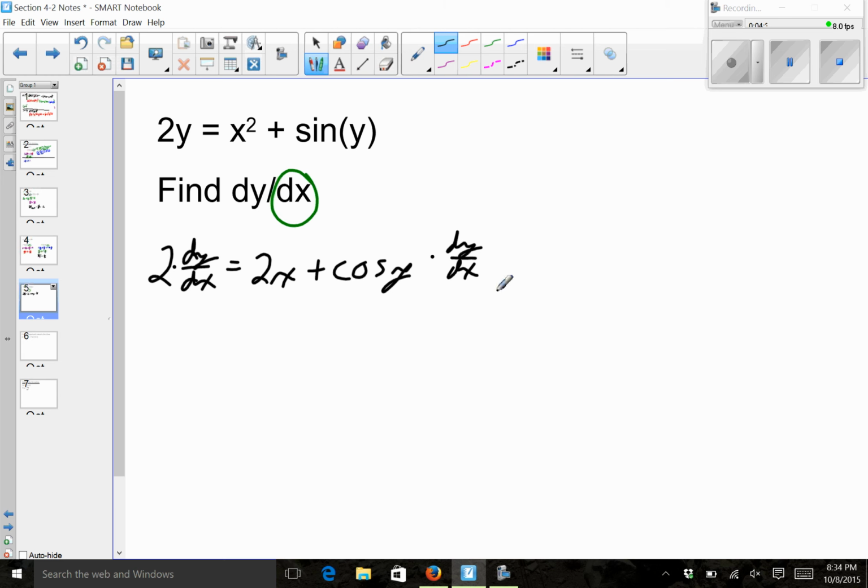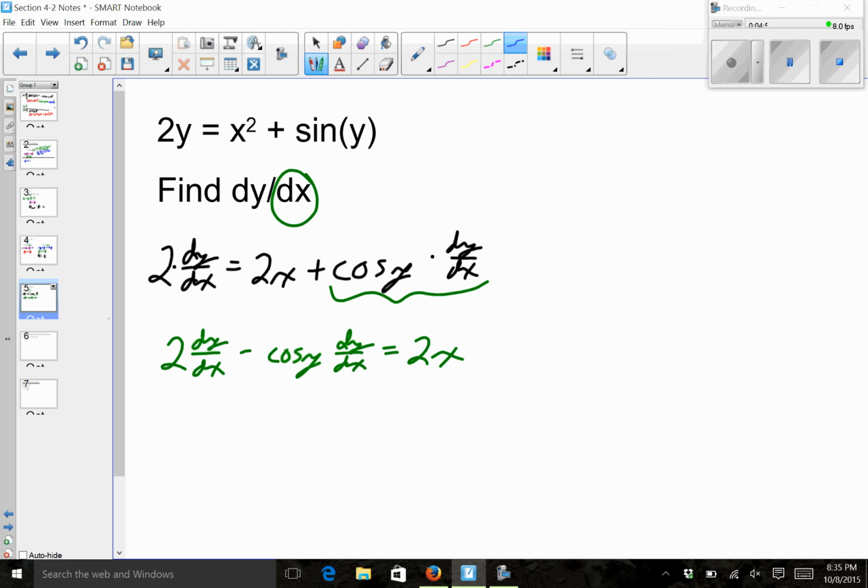Again, I have dy/dx on both sides. I'm going to subtract this cosine y dy/dx from both sides, so that I have 2 dy/dx minus cosine y dy/dx equals 2x.